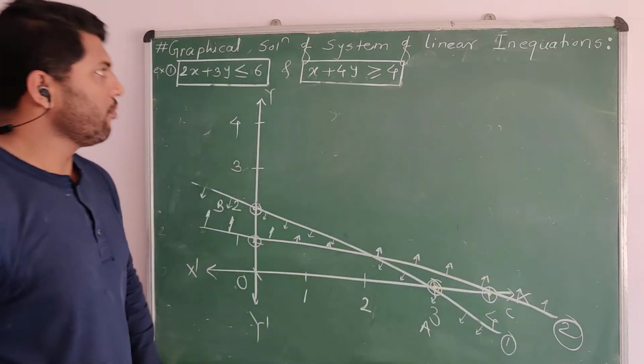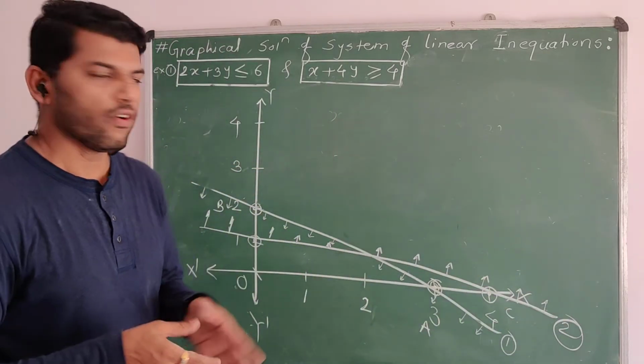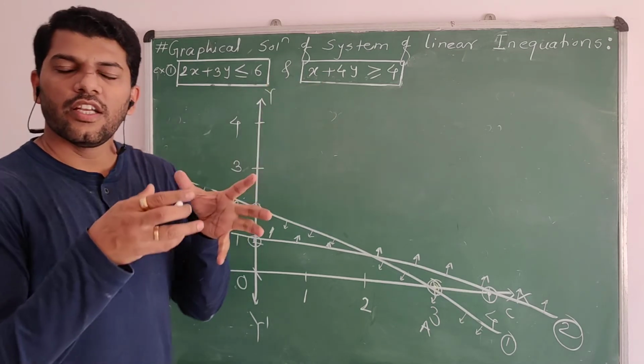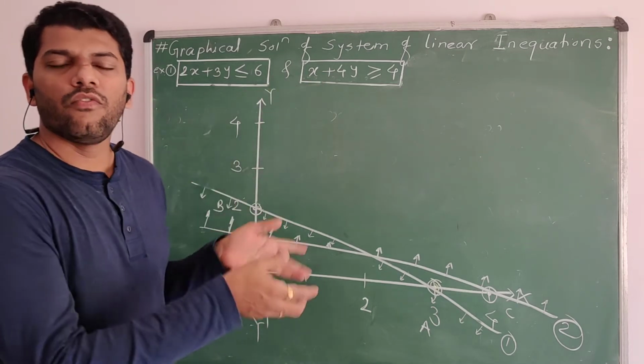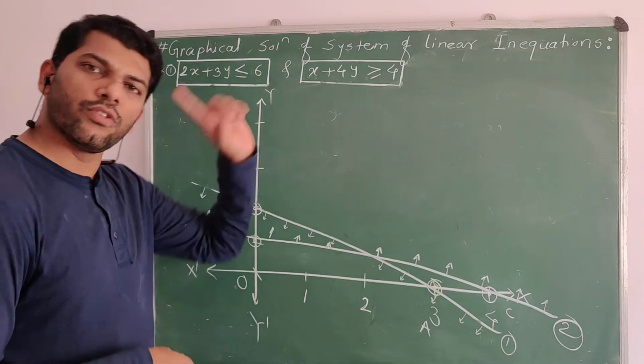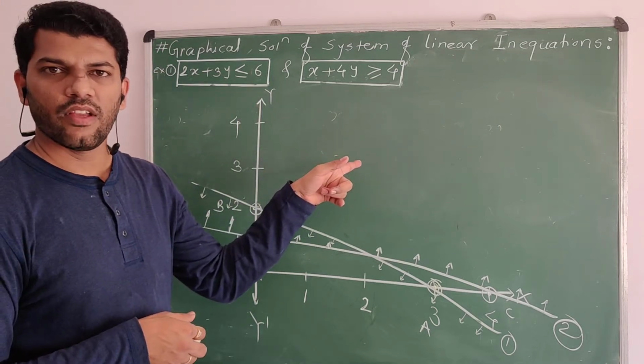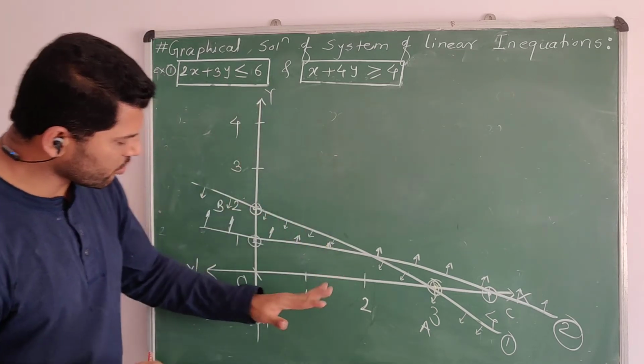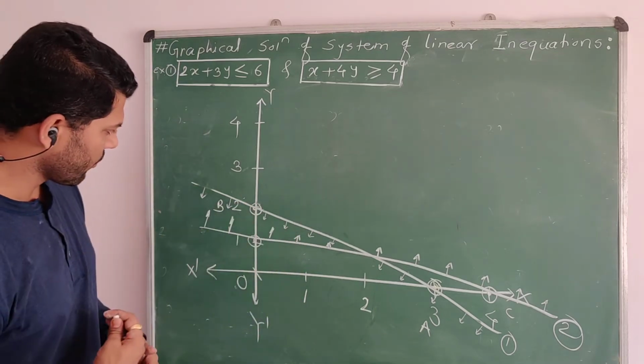Now, what is the meaning of the solution for these two linear inequations? It is that part of the graph which satisfies both these inequalities simultaneously. Just find out where these two arrows cross each other.